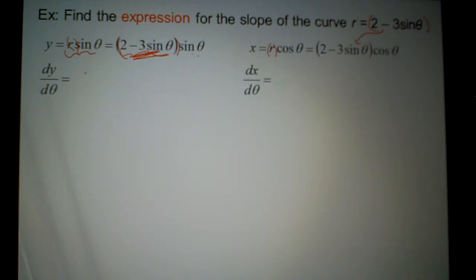So let me write that out. dy d theta would be the first function times the derivative of sine, which is cosine, plus sine theta, the second function, times the derivative of r.